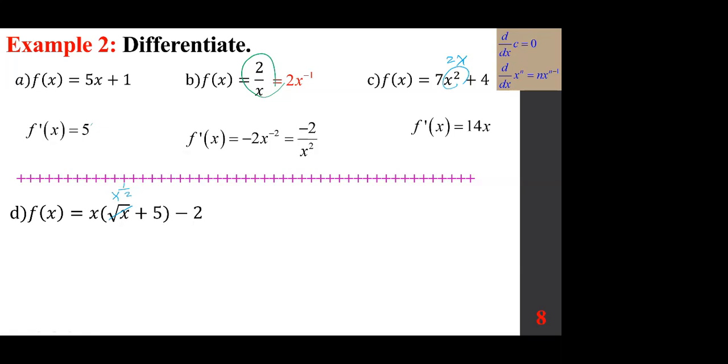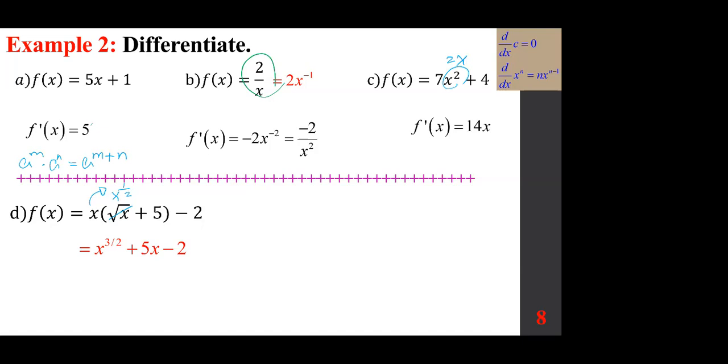Now, when you multiply it by x, it becomes x to the power of 3/2 plus 5x minus 2. Again, the reason why is very simple. a to the power of m times a to the power of n is a to the power of m plus n. The exponents 1 and 1/2 add up to 3/2.